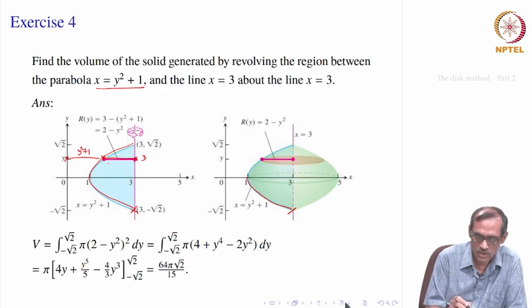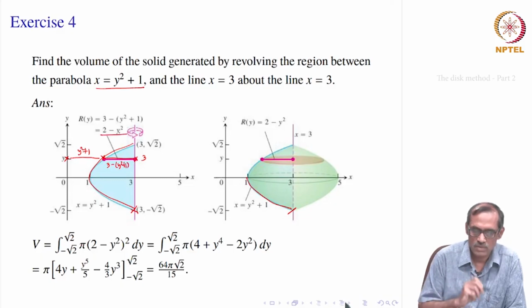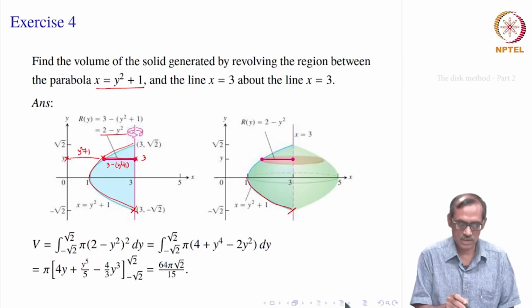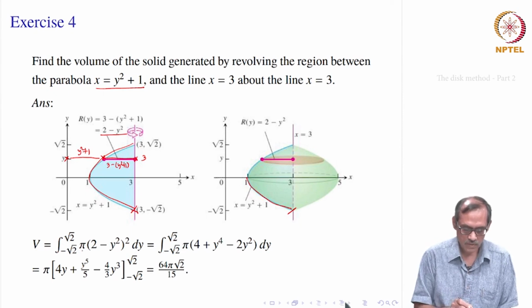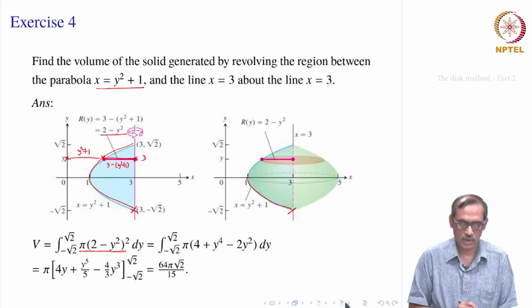So, the radius is 3 minus (y square plus 1), which is equal to 2 minus y square. Since this radius is 2 minus y square, the cross sectional area, which is the disk, is pi into (2 minus y square) square.